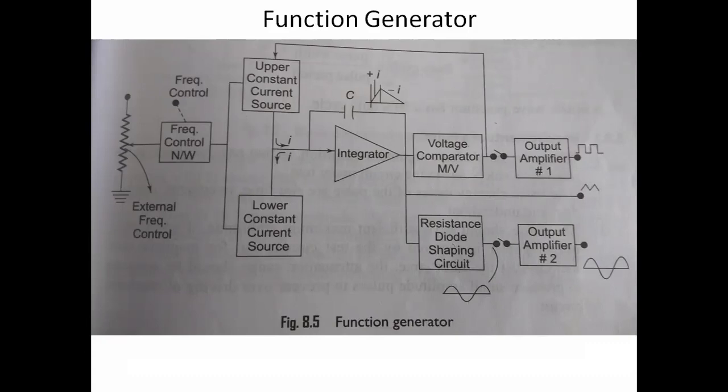We have two types of tank circuits. By these tank circuits we get the oscillations, and the frequency of the generated oscillations can be changed by changing the capacitance value. So that is one type of changing the oscillations.